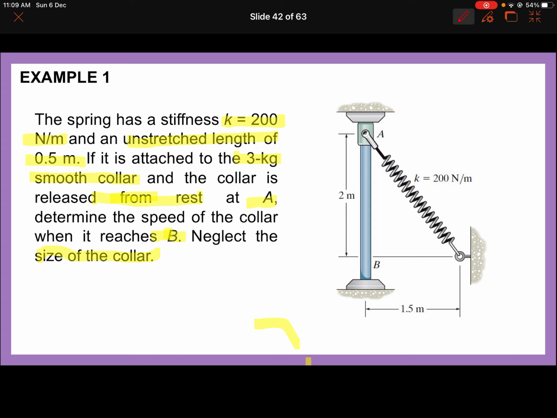Let's try example 1. The spring has a stiffness K equal to 200 Newton per meter and an unstretched length of 0.5 meter. If it is attached to the 3 kg smooth collar and the collar is released from rest at A, determine the speed of the collar when it reaches B. Neglect the size of the collar.